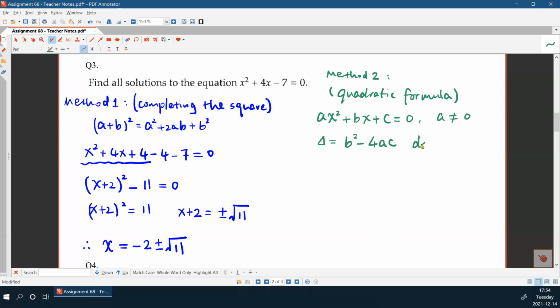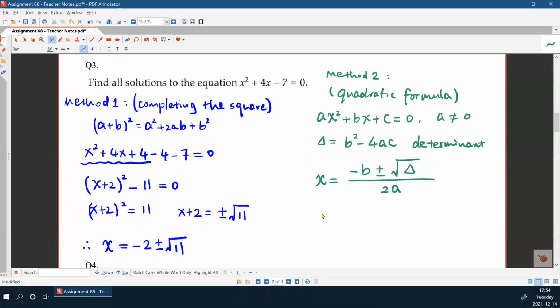This is called the determinant. And our solutions are given by this formula, which is x equals, 2a is the denominator, right? And numerator is minus b positive or negative square root of delta. You recall this?